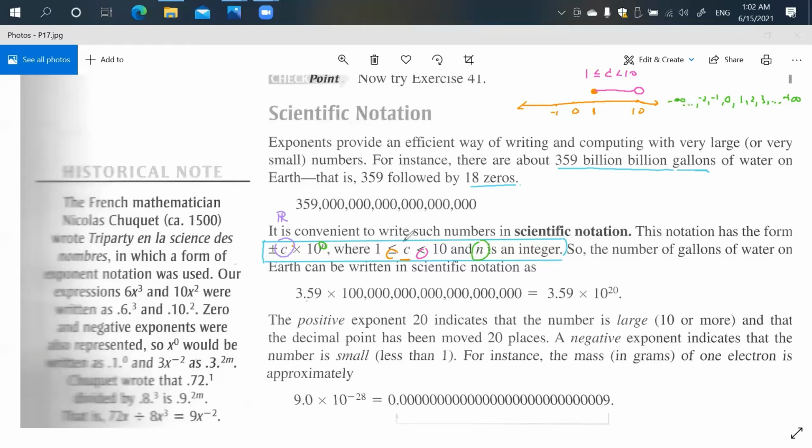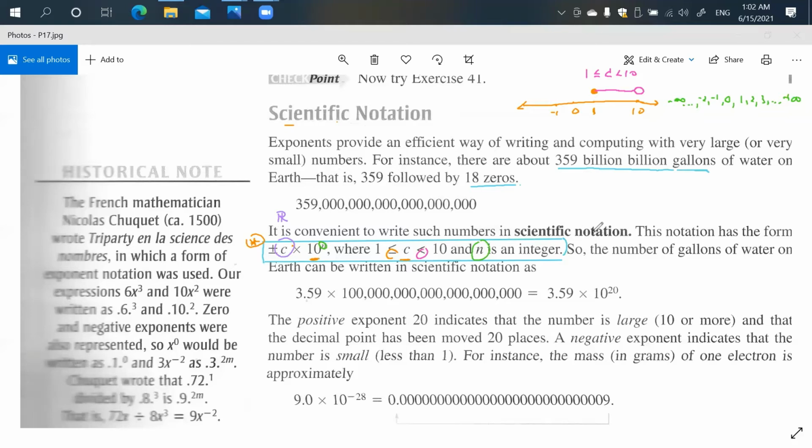Another thing is that the base is always 10. When you do scientific notation, we are based on base 10 only. This is really important for the definition of scientific notation; you have to keep the definition in mind.